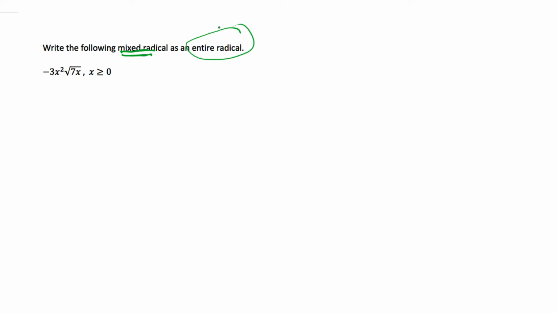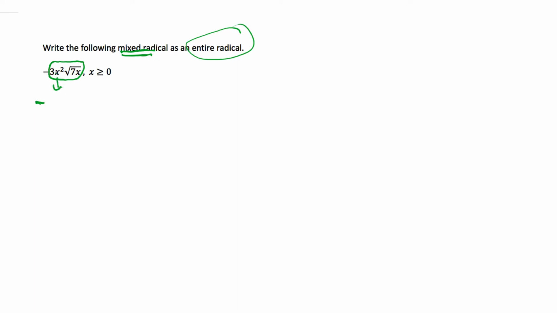Just before we proceed, we have a restriction: x is greater than or equal to 0, which is important because it ensures that we can square root what's in the radicand. 7 times a positive number will be positive, so I can square root that. Since x is positive, the value of this entire expression is negative, so I'm just going to leave the negative here.